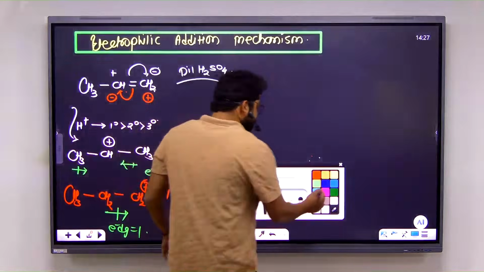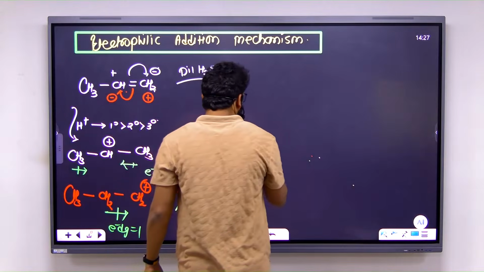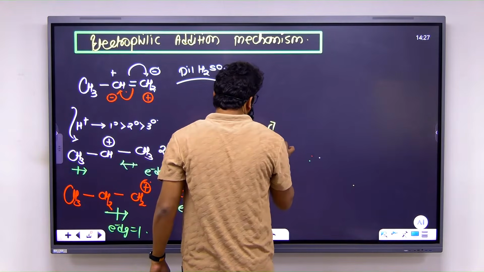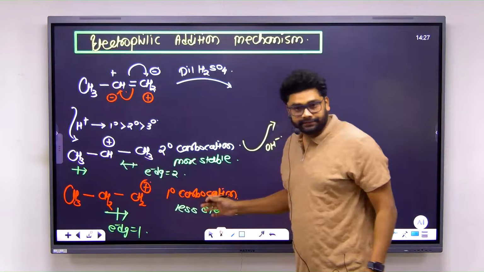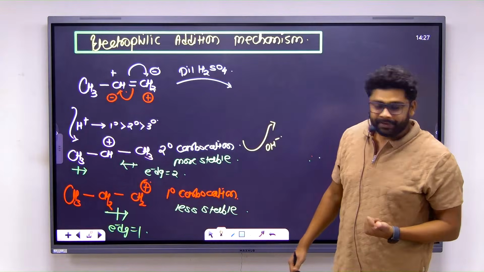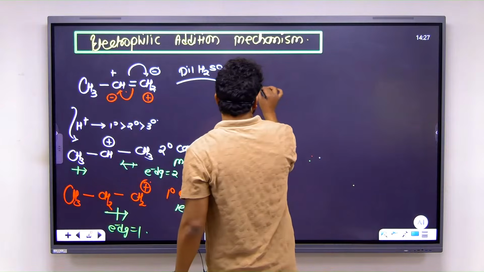And because of this, you will move towards what? Addition of OH minus in the first case as well as in the second case. And that's it from the discussion.